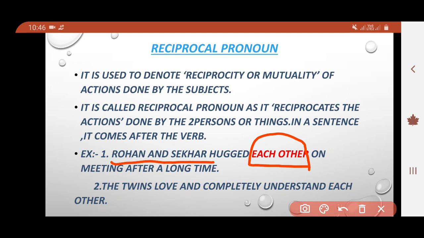So Rohan and Shekhar are the subjects here, and the action is hugging. They are embracing each other. That means not only Rohan is embracing Shekhar, but Shekhar is also doing the same thing. He is also reciprocating the same actions. So here each other is the reciprocal pronoun.